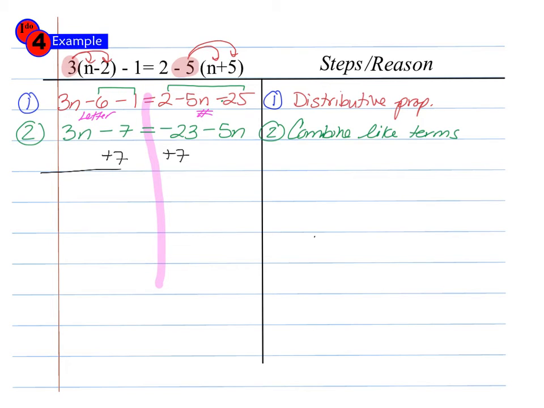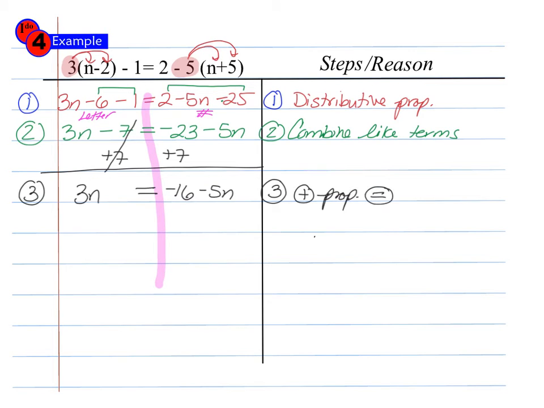Numbers go with numbers. So we're going to have step 3, 3n. Those cancel out is equal to -23 plus 7, -16 minus 5n. And since I added right here to both sides, that's the addition property of equality.